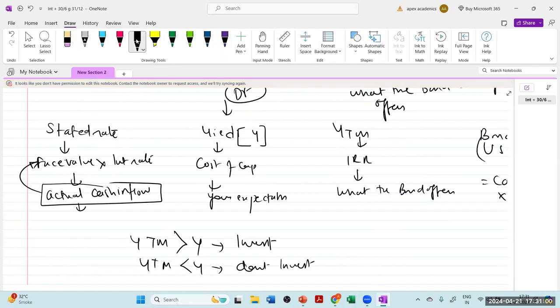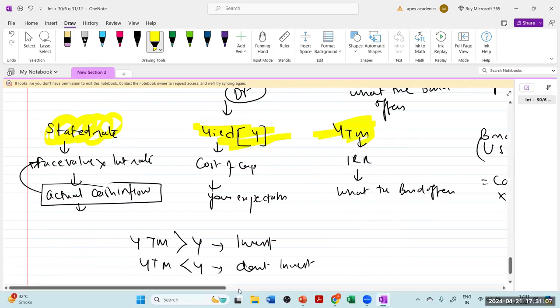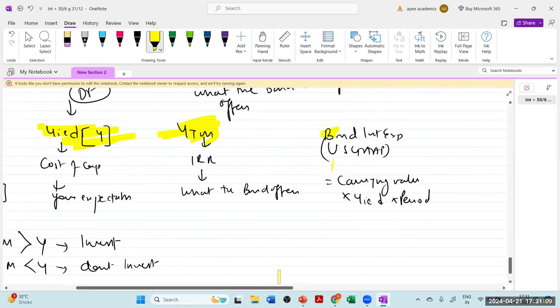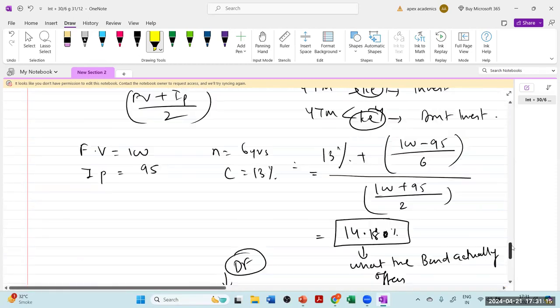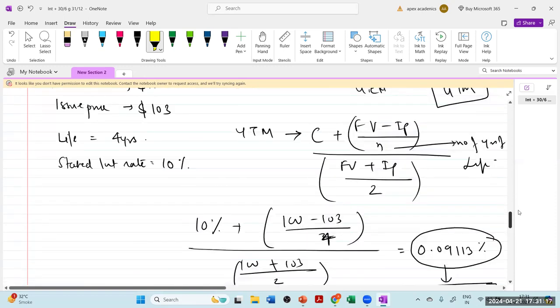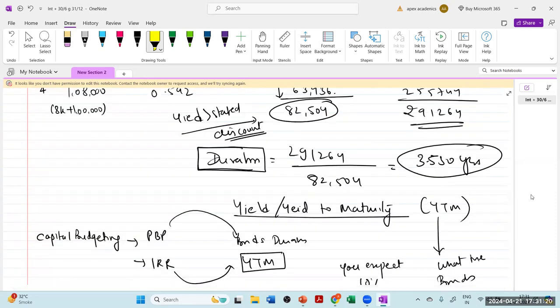So what have we learned over here? We have learned stated rate, yield, yield to maturity, and bond interest expense. The calculation has been learned. Yield to maturity has been completed on a conceptual basis in this class.